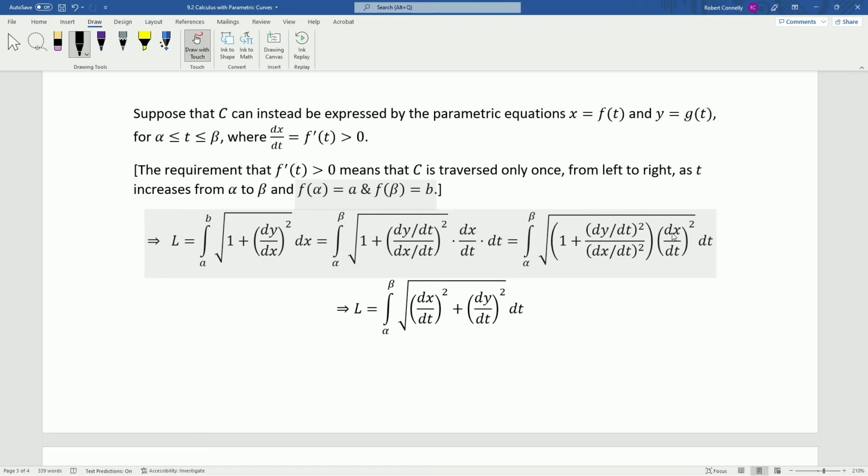And that lets us move it into this square root together with the rest of the expression. Now, when I distribute dx dt squared, it cancels this denominator here. And then when it multiplies by 1, leaves me with just dx dt squared plus dy dt squared, all inside the square root. So, in other words, for parametric equations with x and y, we've got L equals the integral from alpha to beta of the square root of dx dt squared plus dy dt squared, all with respect to t.